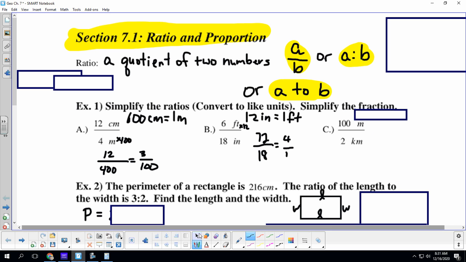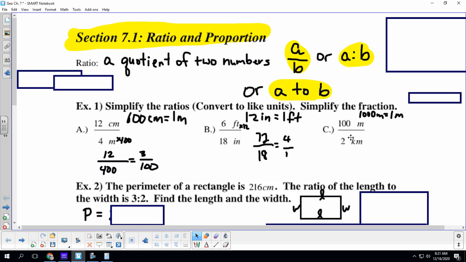Okay. The last one, 100 meters over 2 kilometers. There are 1,000 meters in 1 kilometer. Let me make it into 1 kilometer. So we're going to take the kilometers and multiply it by 1,000.